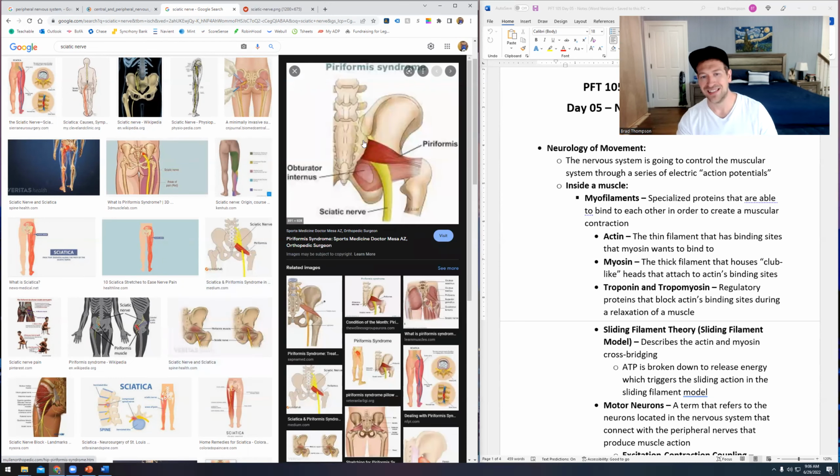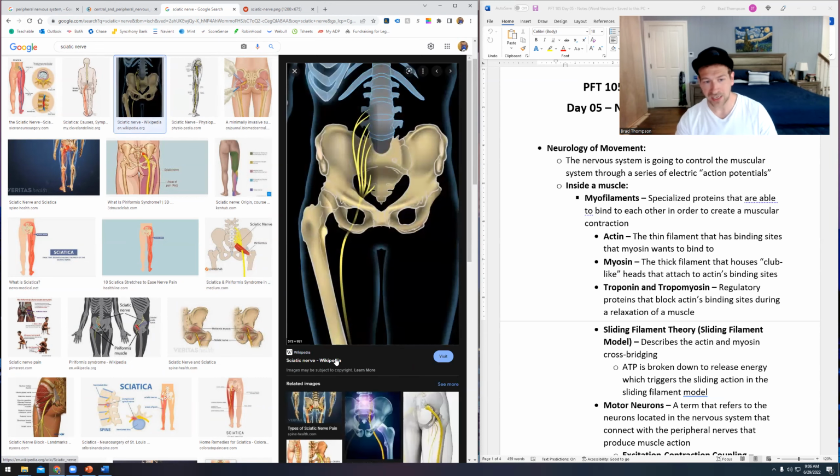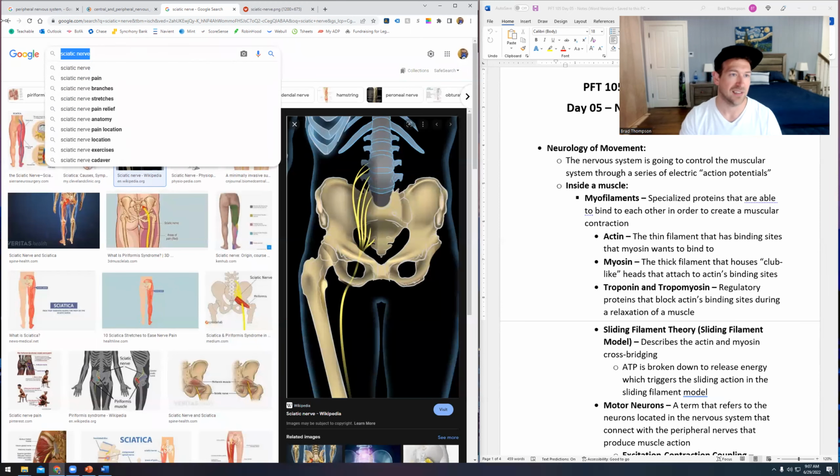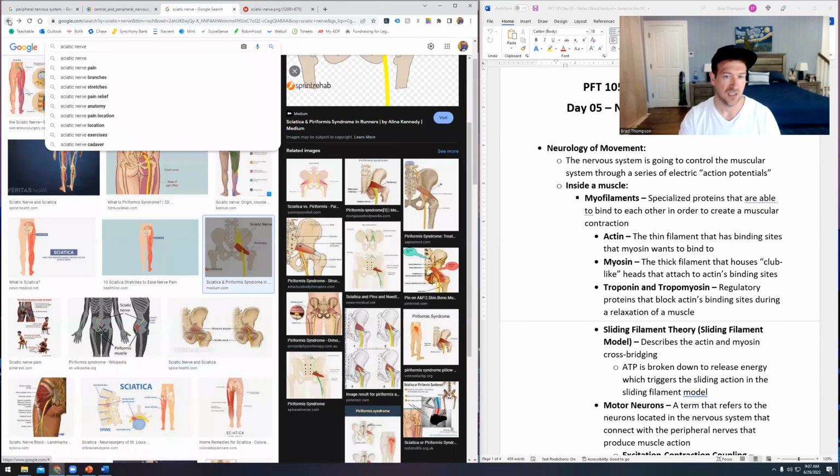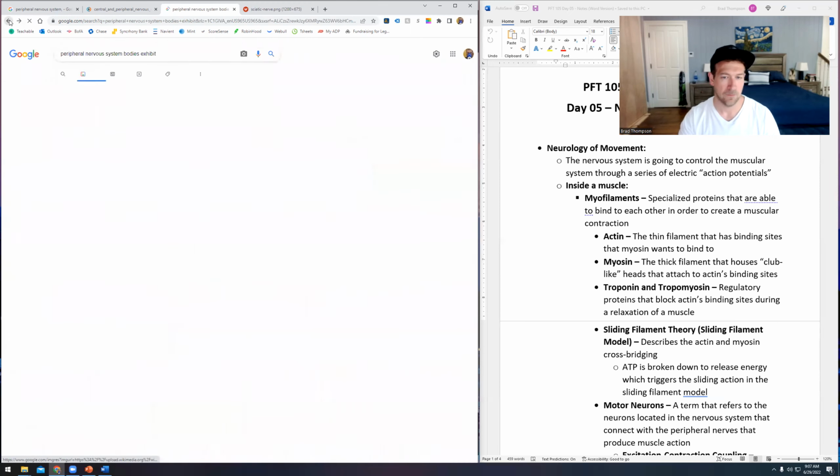And if that piriformis muscle gets really tight, it starts pinching that nerve. And your neurons don't do well when they get pinched. When they get pinched by stuff, they create signals. Unfortunately, that signal is usually a burning sensation or a numbness or a tingling, or just straight up pain that runs down the leg. And this nerve branches out. I mean, you can see, let's go back to the bodies exhibit pictures here. That's the sciatic bundle right there.